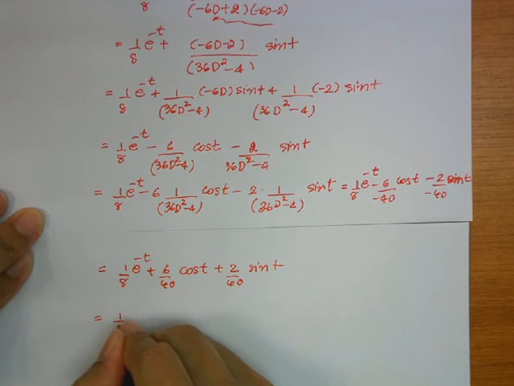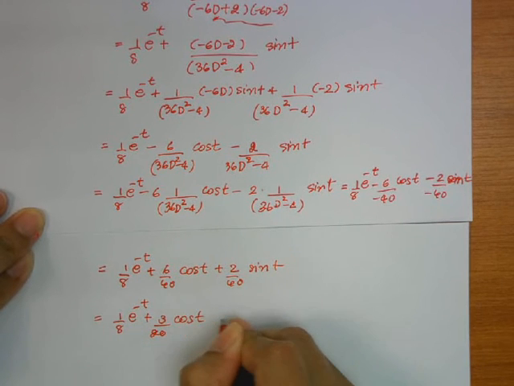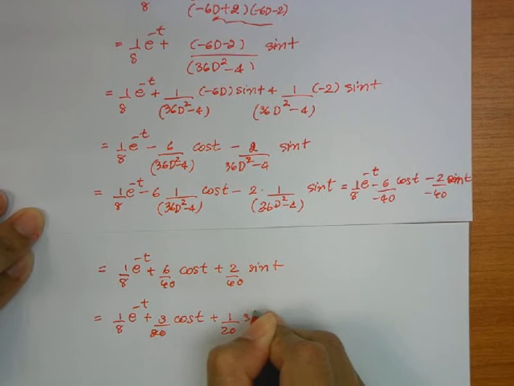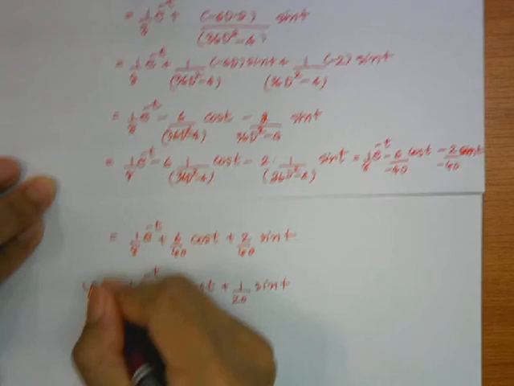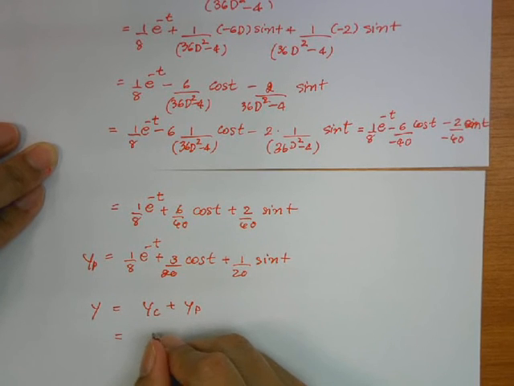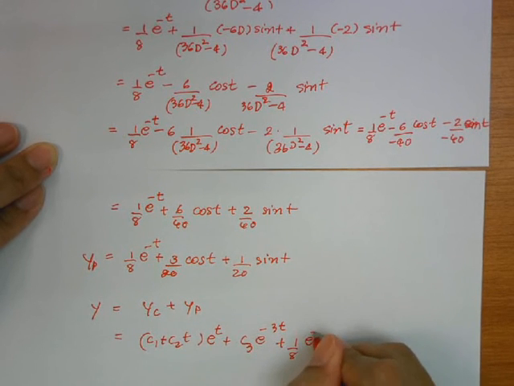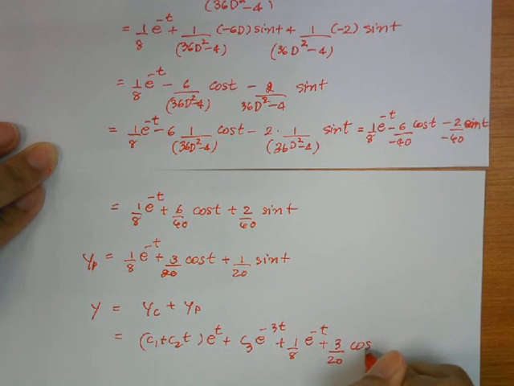So you make it as small a fraction as you can. That is your YP. So at the end, equal to, plus, okay, this.